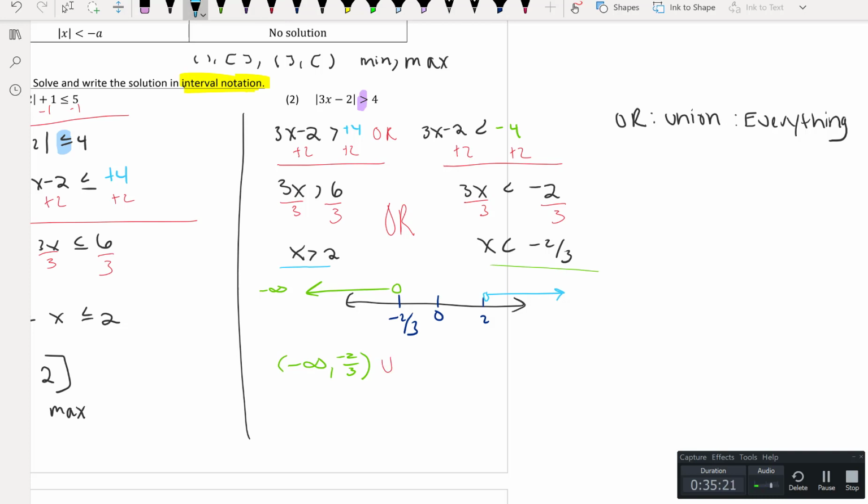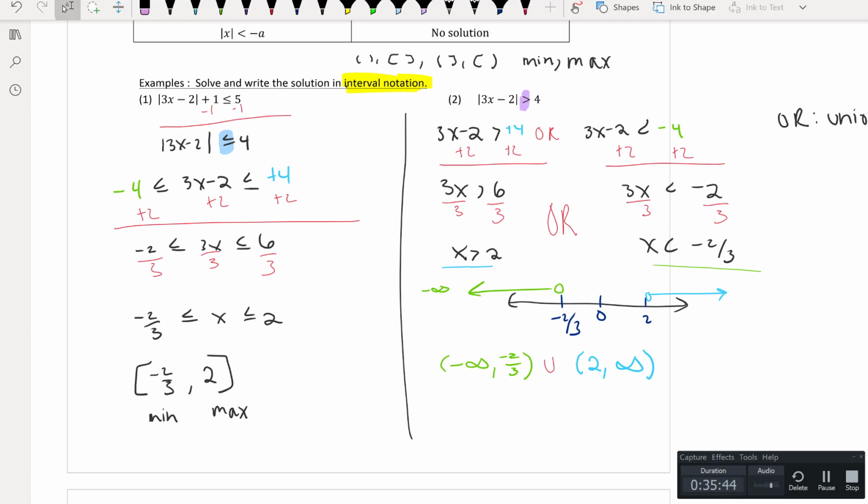And on the right-hand side, I'm going to have that x is greater than 2. Oops, I'm writing in interval notation. Lost my place there. So I know this is going to be the smallest value at 2 and the maximum value at positive infinity. Okay, I hope that helps.